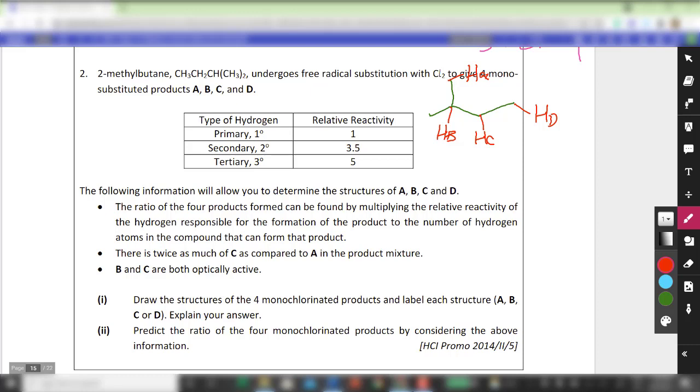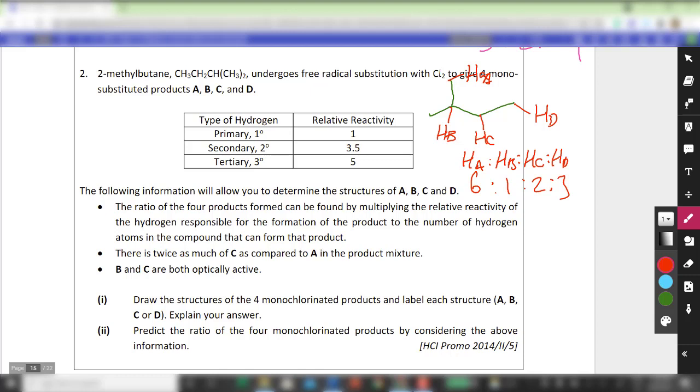If we take the ratio between HA to HB to HC to HD, you realize that the ratio will be 6 to 1 to 2 to 3. So this is purely based on the statistical ratio.